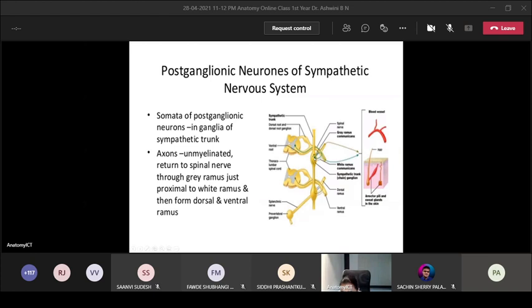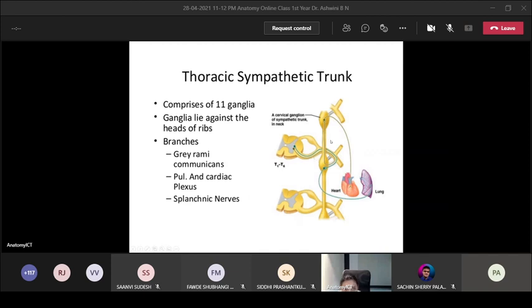Preganglionic is before the ganglion. The cell body is present in the spinal cord, that is, the lateral horn of the spinal cord. The fibers pass through the ventral root, then through the white ramus communicans, and they enter the sympathetic ganglion. Here they will relay on the postganglionic neuron.